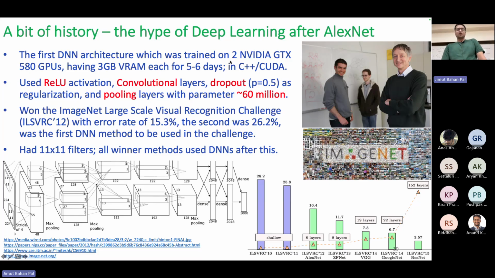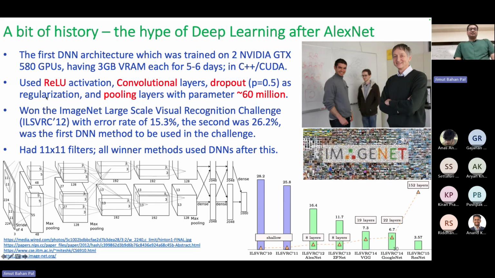It used two NVIDIA GTX 580 GPUs, which back then were very high-end, but nowadays are very low-end. It had 3 GB VRAM for each, and it trained for 5 to 6 days using C++ CUDA code. They didn't use PyTorch or any wrapper like that. They coded it in C++ and CUDA.